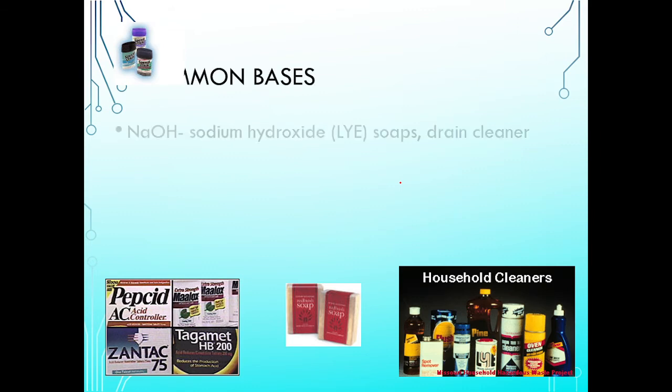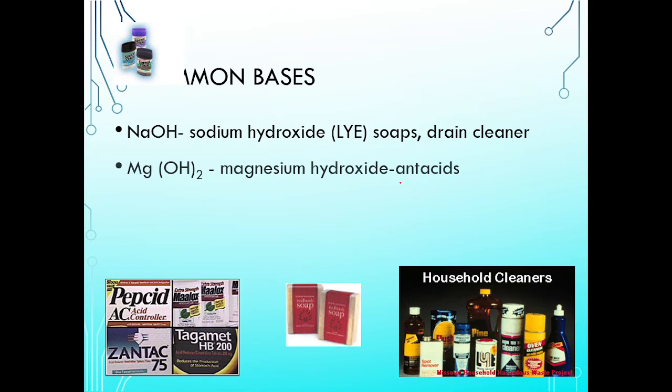So some common bases if we go through, then NaOH is one. Then magnesium hydroxide, also known as milk of magnesia, is also a common base because it is present in all the antacids. What are antacids? We know, right?